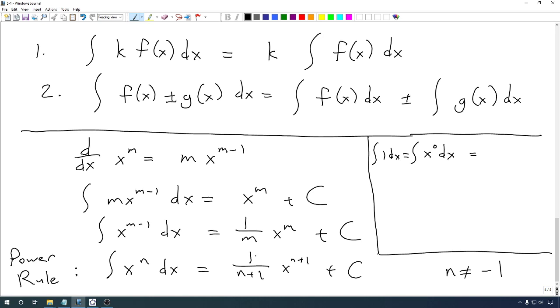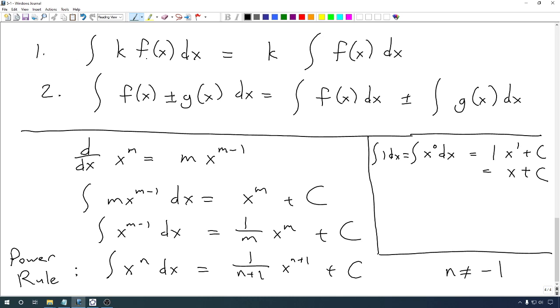And by our formula, we raise the power by 1, so we have x to the 1, but then we divide by that new power of 1. Dividing by 1 is the same as multiplying by 1, so we just have x plus c. The integral of 1 is x, or x plus a constant.